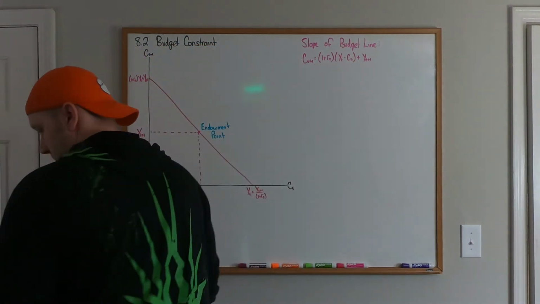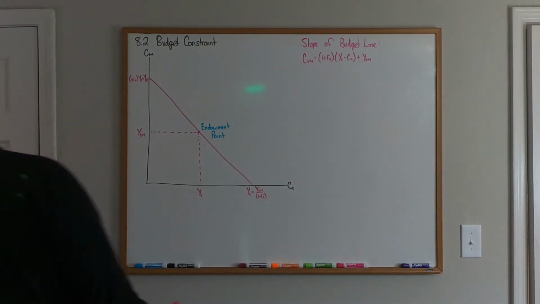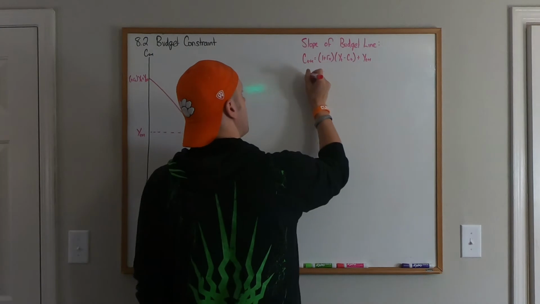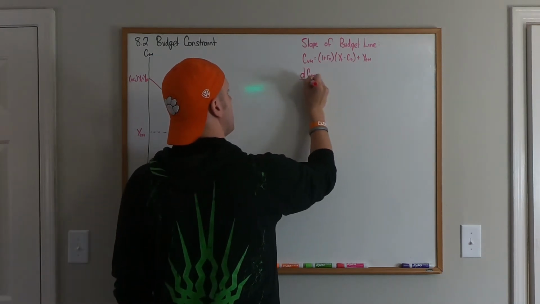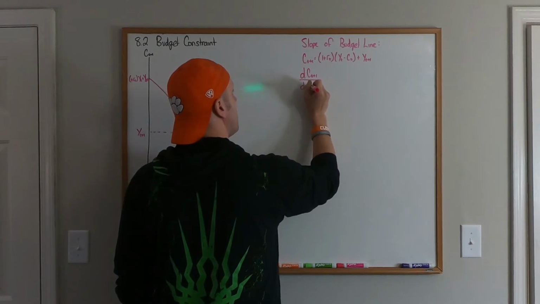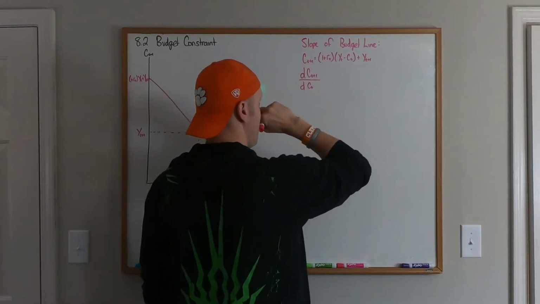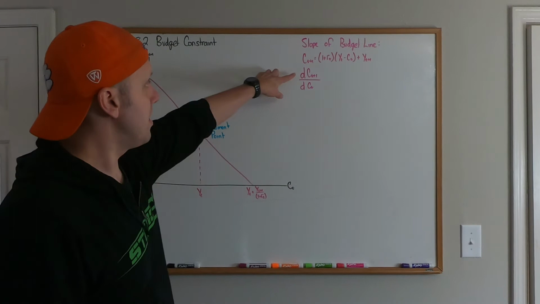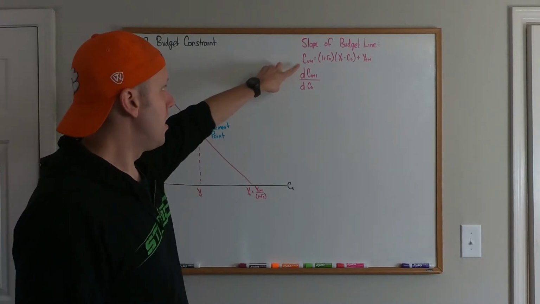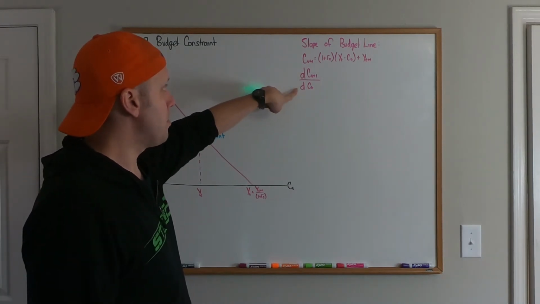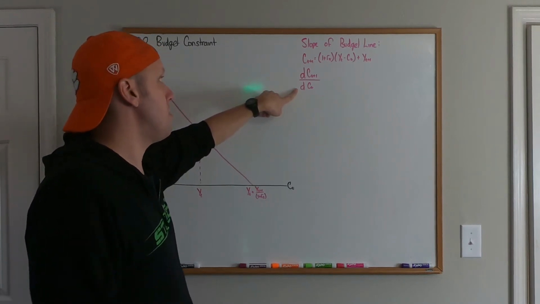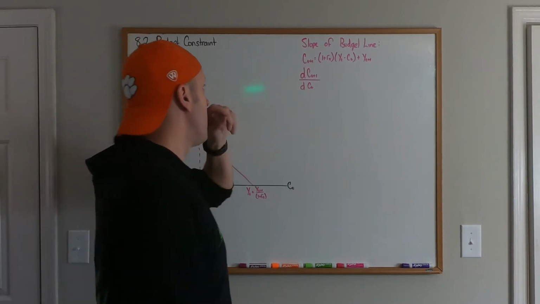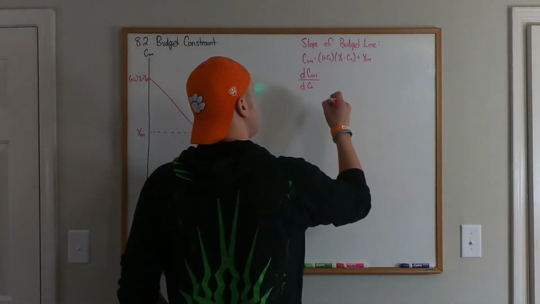What I get is the derivative of ct plus 1 with respect to ct. So I take the derivative of this with respect to ct. Everywhere I see a ct, that's what I take the derivative with respect to. All right, well, what is that going to give me?